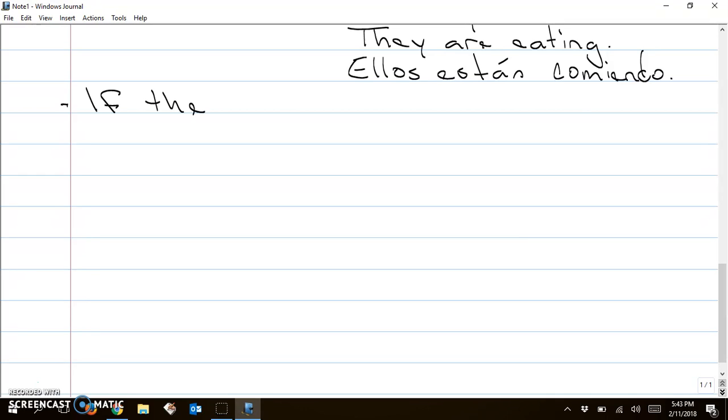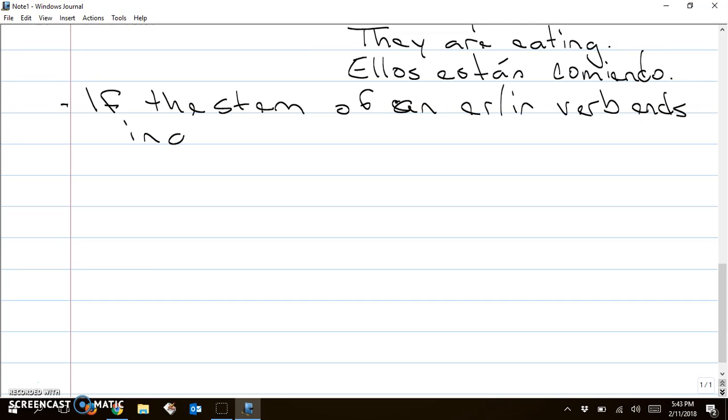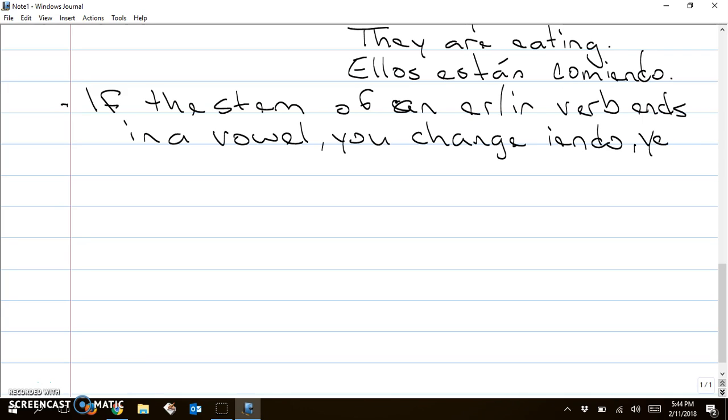If the stem of an ER, IR verb ends in a vowel, you change IENDO into YENDO.